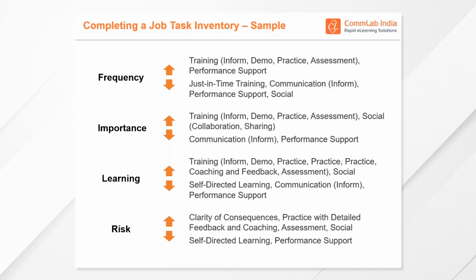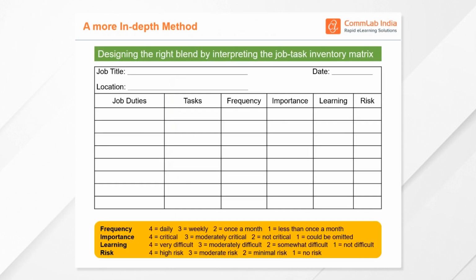So I'll very quickly take you through how this matrix looks when you apply it to a certain job. This is the actual template. You have your job, and then you break it down into the tasks, and then you decide for each given task. We would recommend taking just two or three main core tasks on which you are focusing all your training budget and your effort.